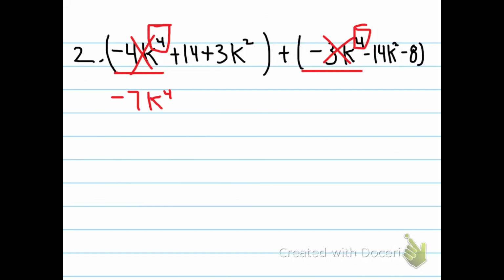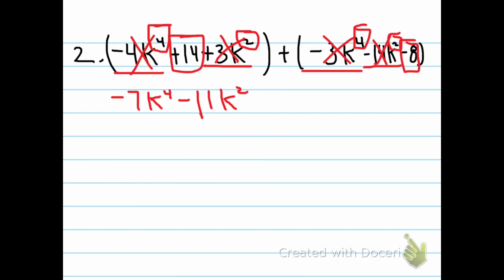And then the next biggest exponent is the 2. So this has the 2, and then this has the 2. So -14 plus a +3 is -11. So I'll cross these out. And then these are the final two numbers left, so I'm just going to add these.